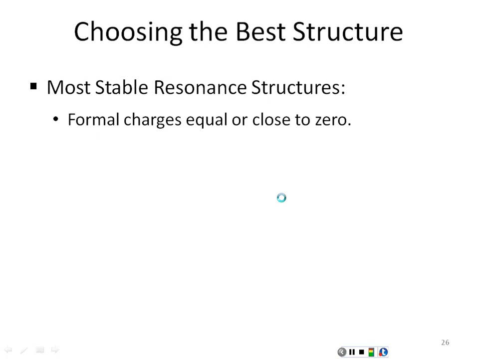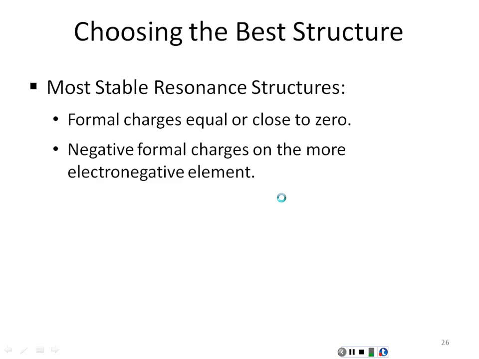Well, formal charges equal to 0 or close to 0 are the most stable. And when you have a negative formal charge, that negative formal charge needs to be on the more electronegative element in the molecule.